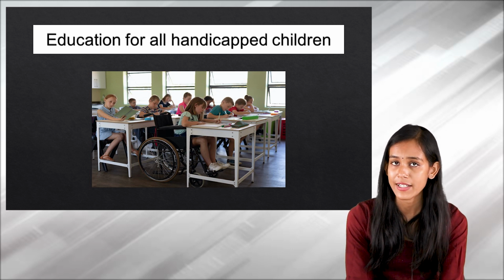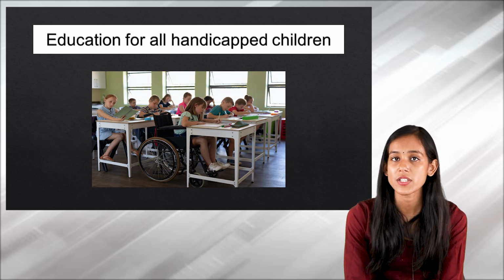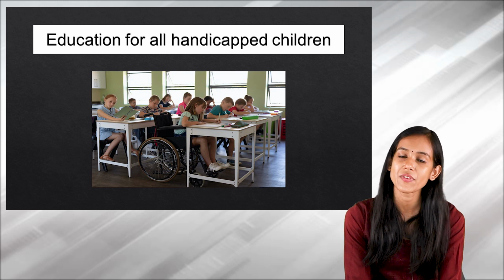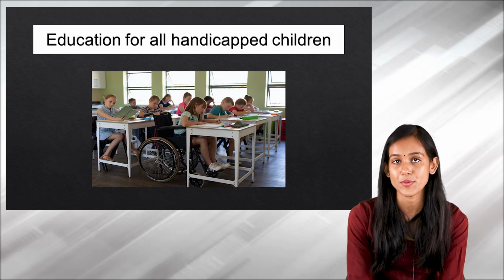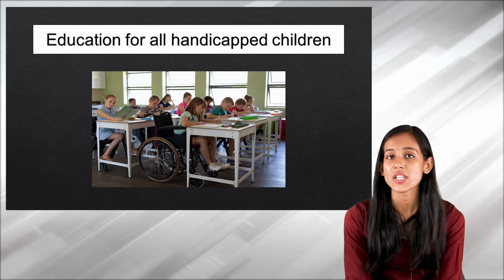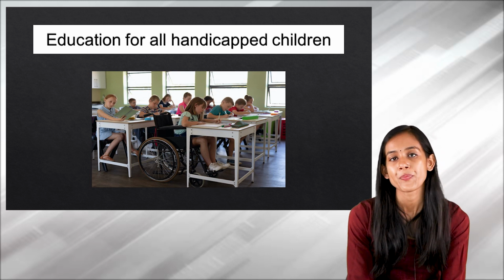All handicapped children have equal opportunity for free public education. For that, the Education for All Handicapped Children Act was established in 1975. So these were the special laws related to children.